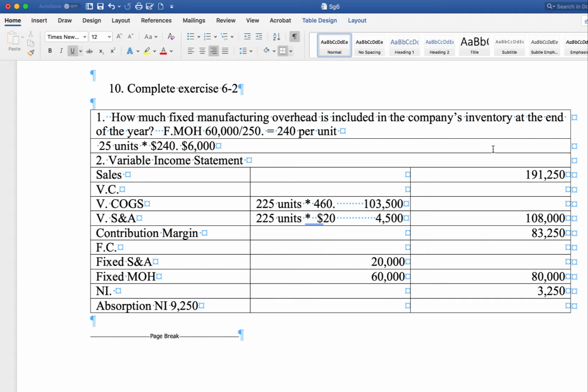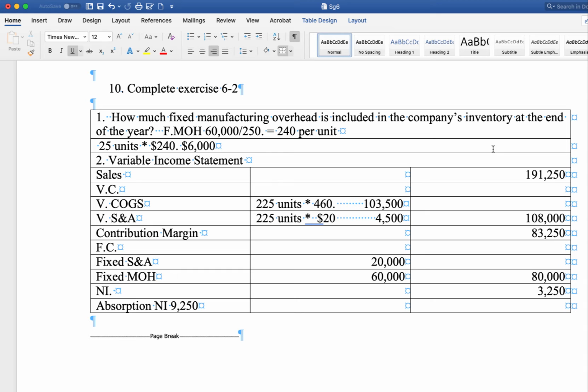There's a $6,000 difference between net operating income under the absorption method versus net income under the variable method. Okay? Why is the variable method lower? It's because it recognizes all of the fixed manufacturing overhead cost in the period in which it's incurred. The absorption method says we're only going to recognize the fixed manufacturing overhead of the units that we sell. The units that we don't sell, that cost still sits on the balance sheet. It's an inventoriable cost. Okay?